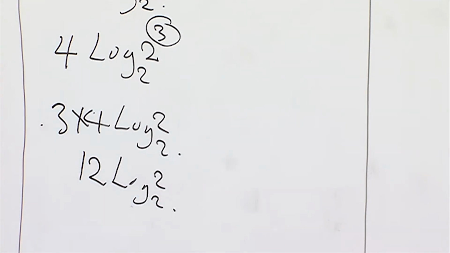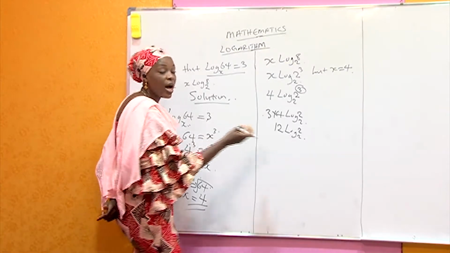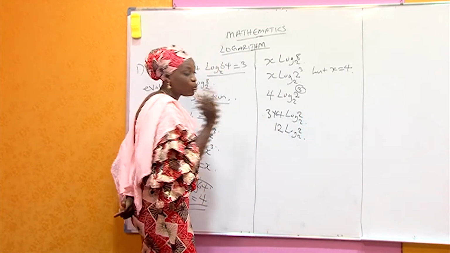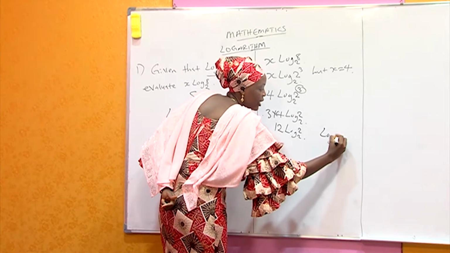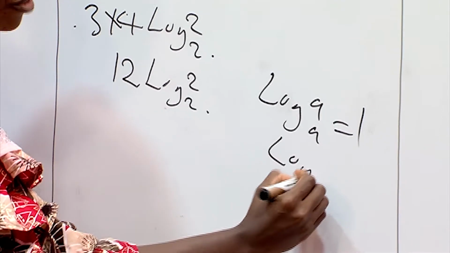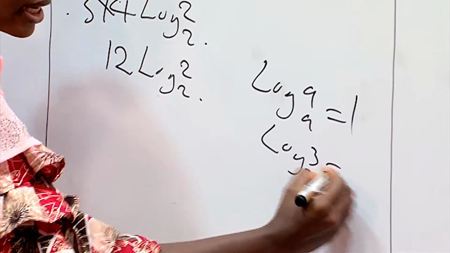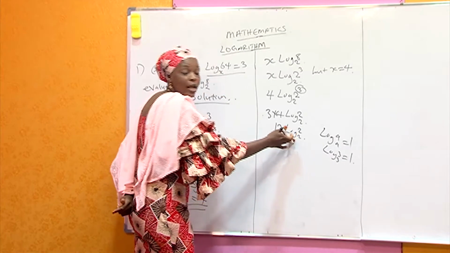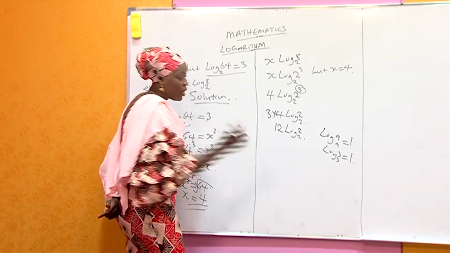Another rule of logarithm is that when the base and the log are the same, it gives 1. That is, if I have log a base a, it equals 1. So if I have log of any number to the same base, it equals 1. So log 2 base 2 will also give you 1.